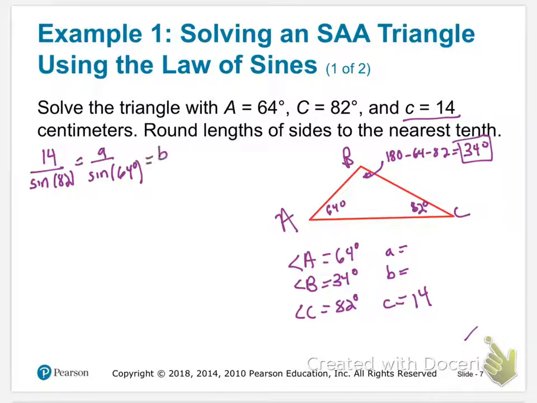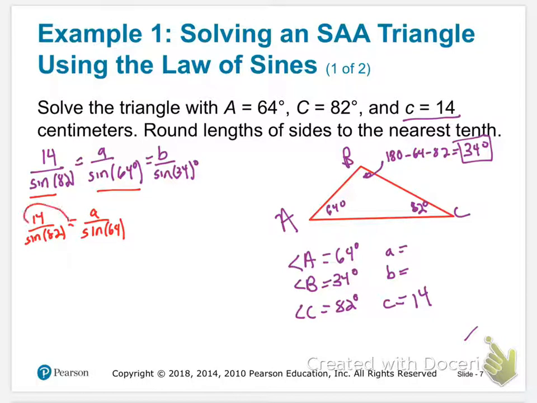And then B over sine of 34 degrees. To solve for A, you're going to use the two that are completely known and angle A. So I'm going to rewrite these as 14 over sine of 82 equals A over sine of 64.